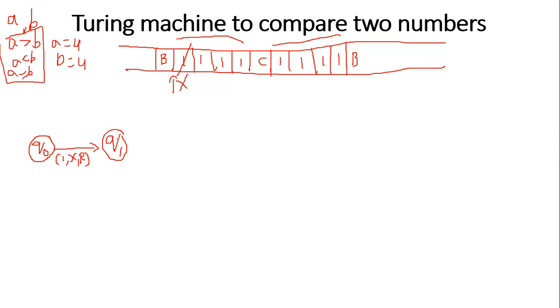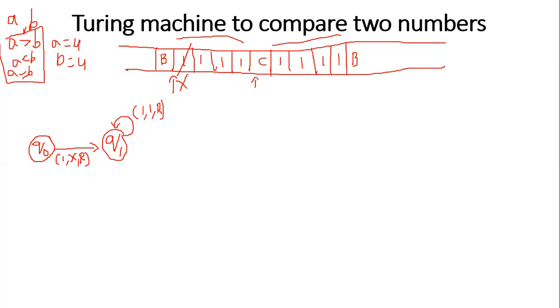What symbols will you get in between before you find the next one on the right side? You'll get all ones. Don't disturb the ones, just keep them as is and keep moving to the right side until the end of the first input.